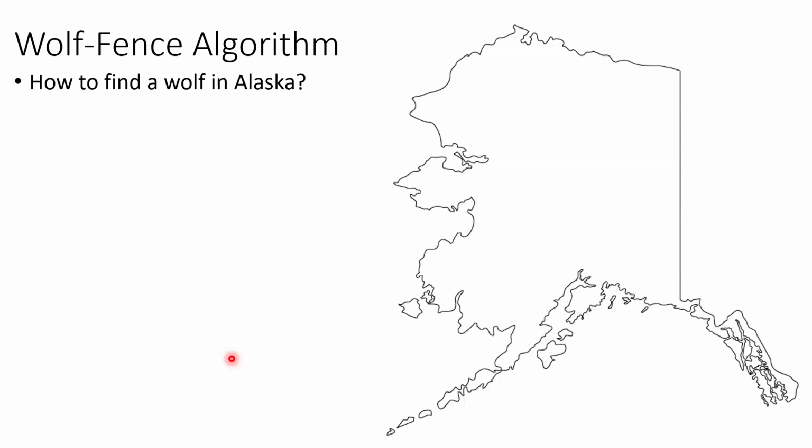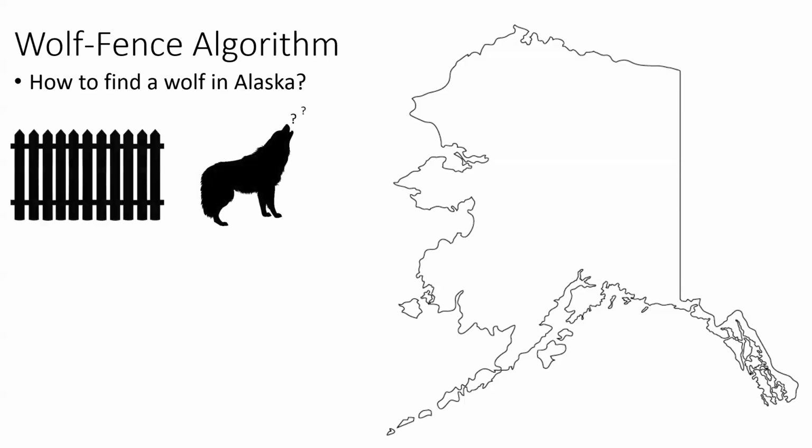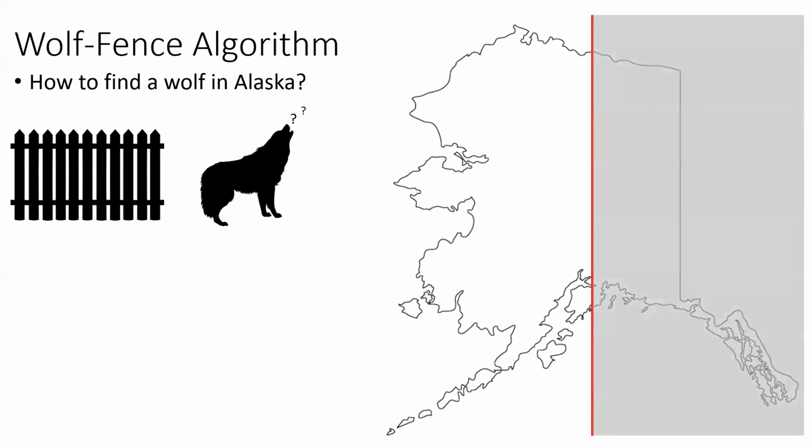Next, the wolf-fence algorithm. This algorithm was first defined as a concept to find a wolf in Alaska. What it does is put a fence somewhere in the space, and it guarantees that the wolf is not on one side of the fence.